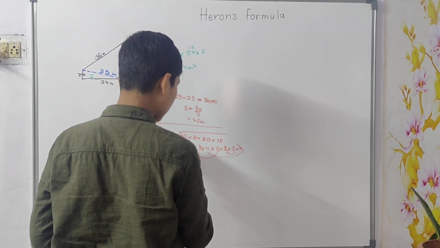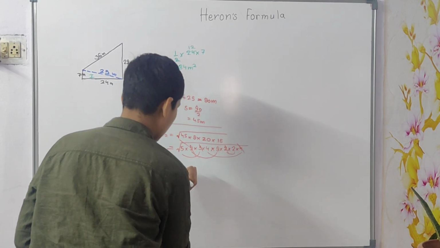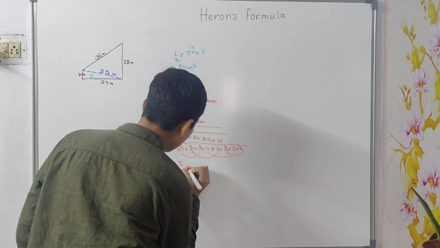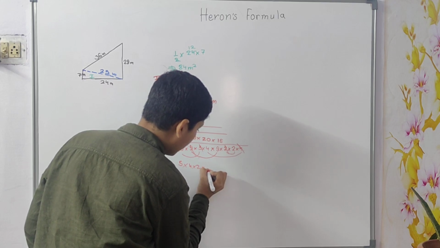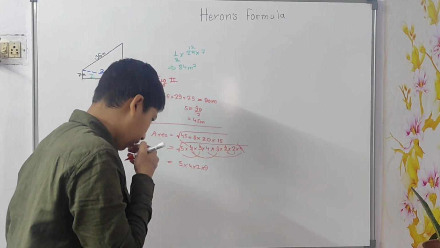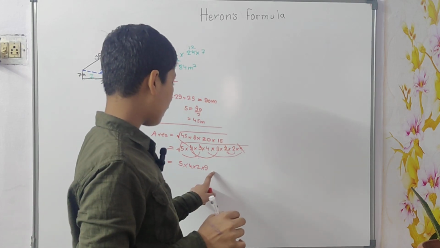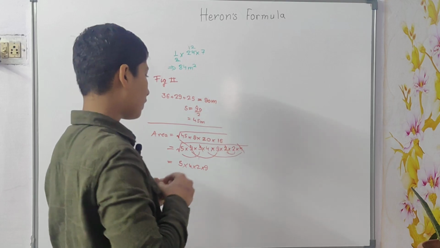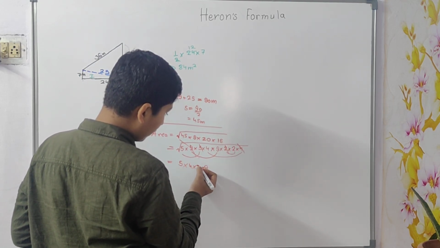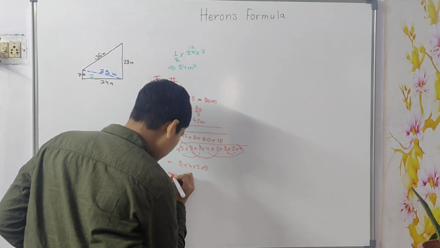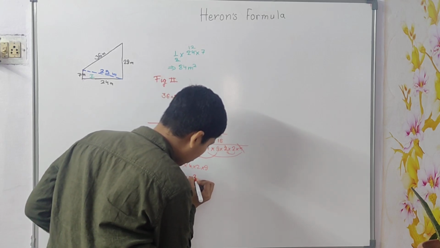As the root will also get cut, which means 5 into 4 into 2 into 9. 5 fours are 20, 20 nines are 180, 180 twos are 360. So 360 meter square.